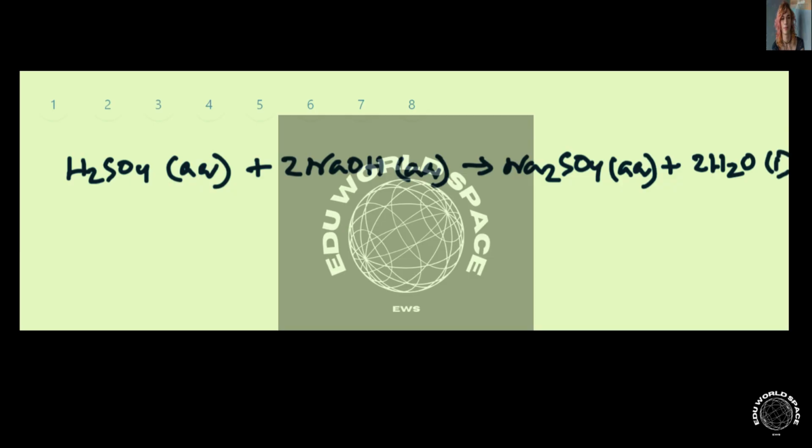So now from here we can see that 2 mole of sodium hydroxide will be neutralized by 1 mole of H2SO4. So 2 moles sodium hydroxide will be neutralized by, or will be equal to, 1 mole H2SO4.